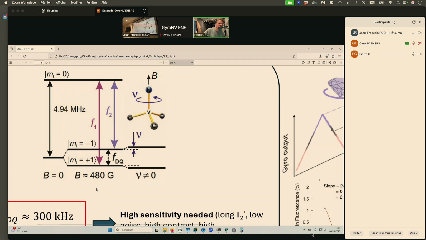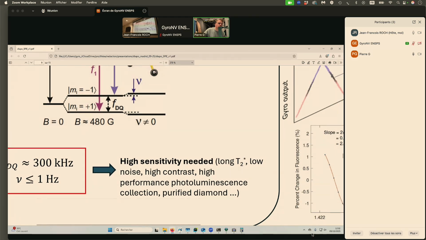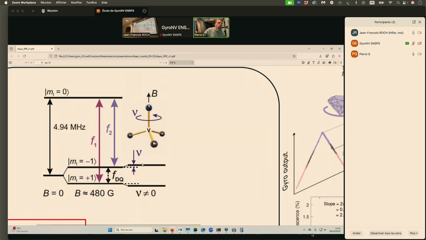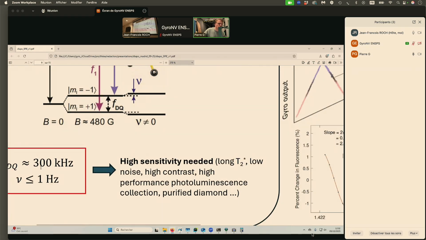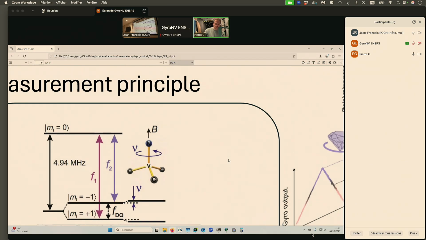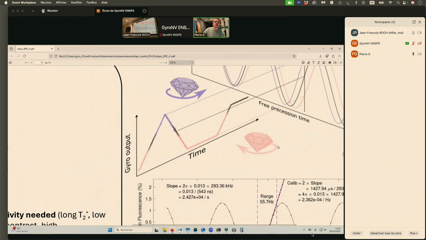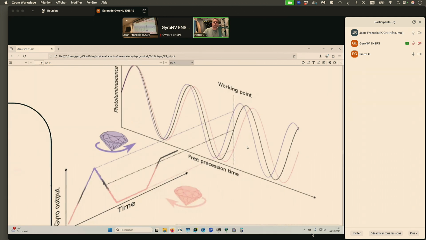And this is very fine. Nu is very fine. It's under the Hertz range, and the reference frequency is 300 kilohertz. We need a way to measure this frequency properly, and this is the method.